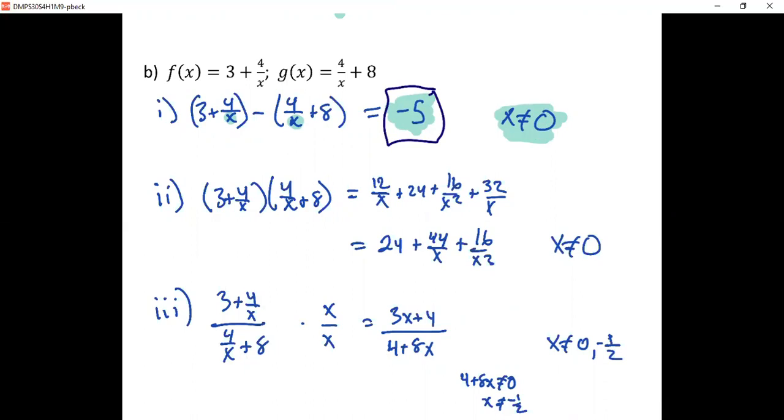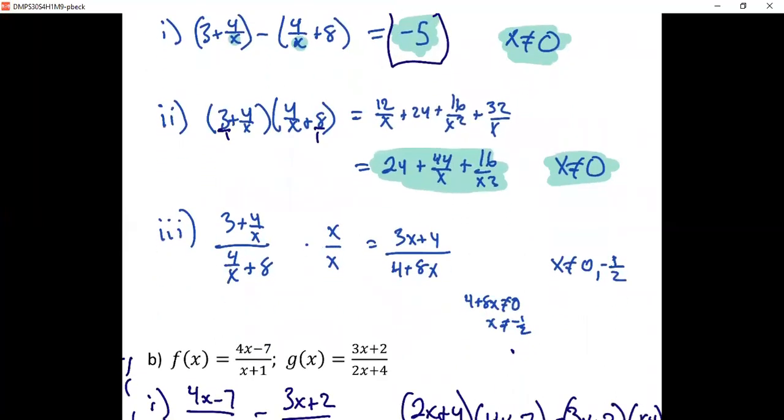For part B, if you multiply it through, keep in mind when you're multiplying, numerator times numerator, denominator times denominator. We can write that as 3 over 1 and 8 over 1. Multiply it through, and we are going to get this expression. And this one still shows that x is not allowed to equal 0. For 3, if we divide them, we create a new expression, which I call the fraction within a fraction.